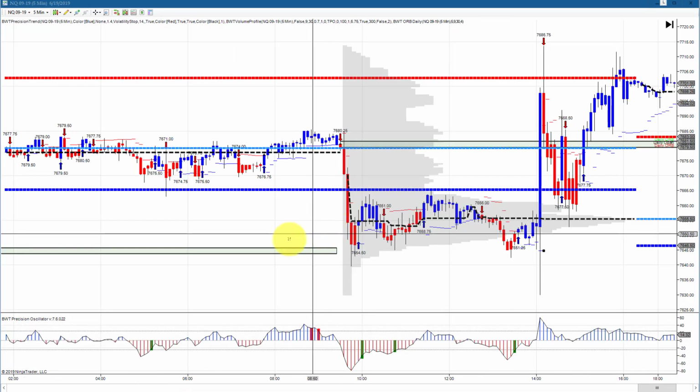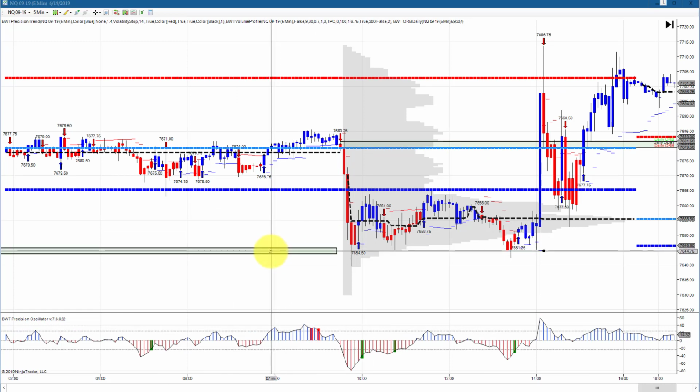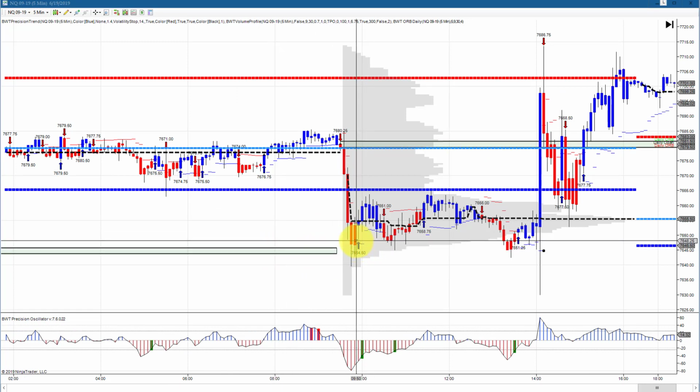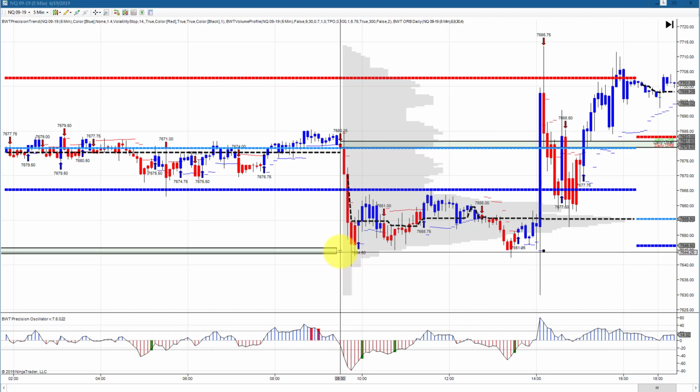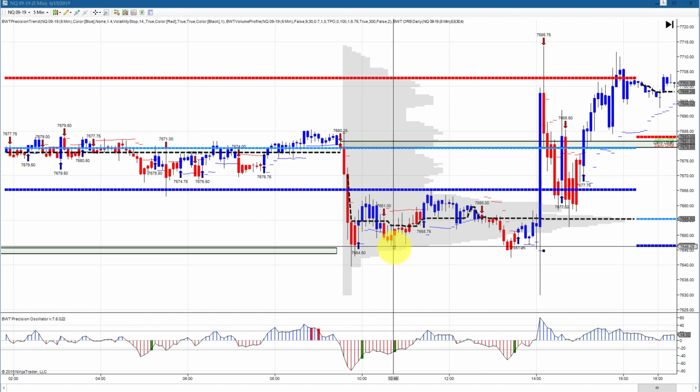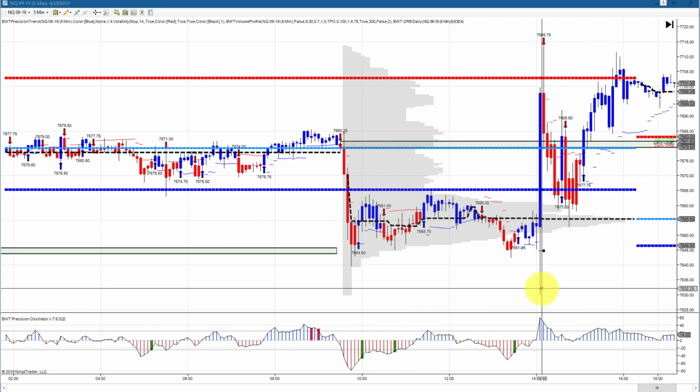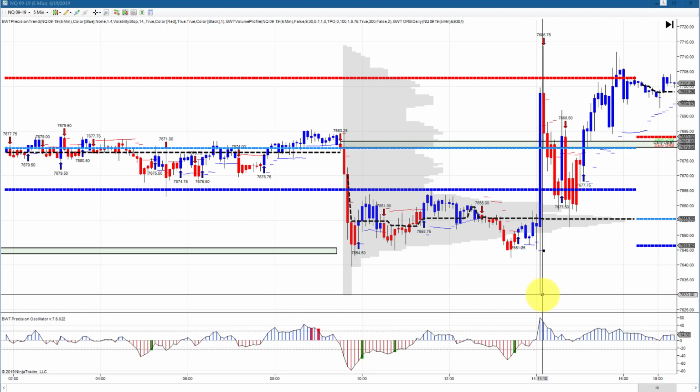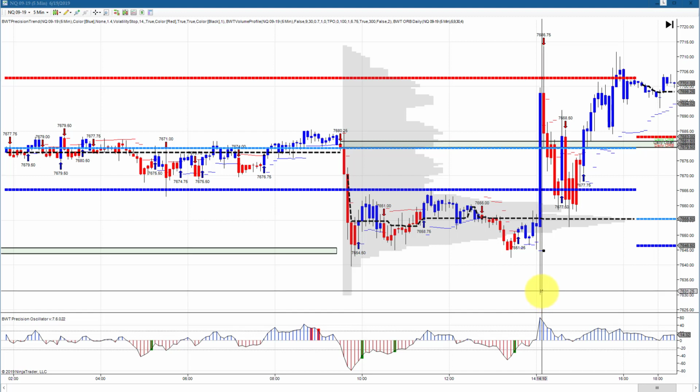And what I wanted to point out is here's the opening range from the previous day, and notice that that sell-off was right down to the opening range of the previous day, which also provided support here. And then at the FOMC announcement, this low here coincided with the high of the previous week.